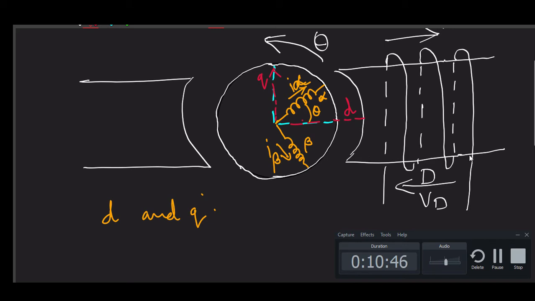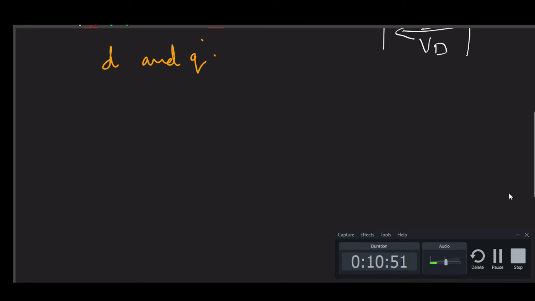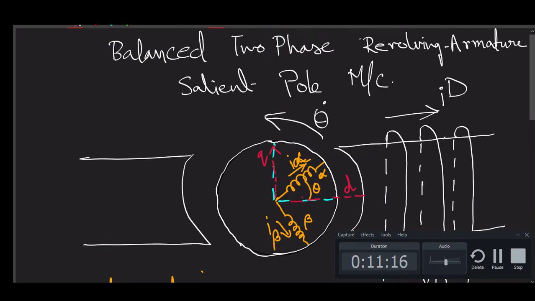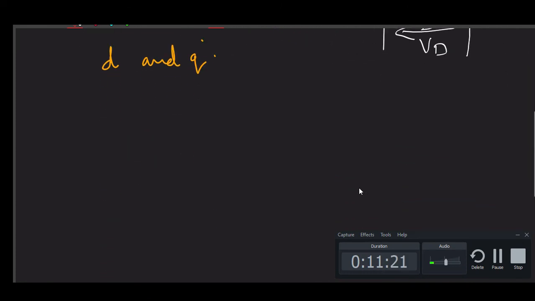And now what we can see is the instantaneous position of the armature. In most AC machines we saw the armature is stationary and the field is revolving, but for this particular case only, our armature is in the rotor and the field is stationary, right?